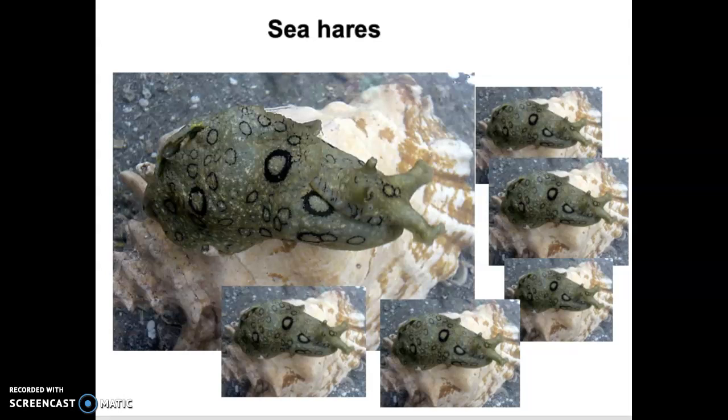They're equivalent to slugs we have in our gardens. And what sea hares do is, well, they crawl around, they eat algae. Well, when it comes time for reproduction, all the sea hares get together in a group. And he said he watched as he was snorkeling along, and okay, here's a bunch of sea hares getting together to reproduce.